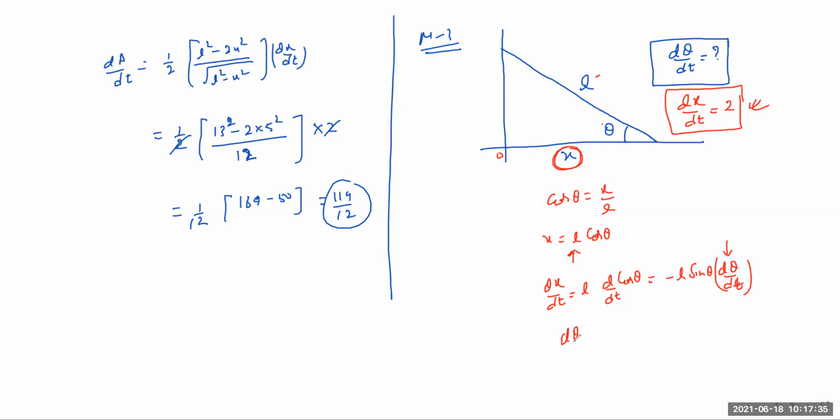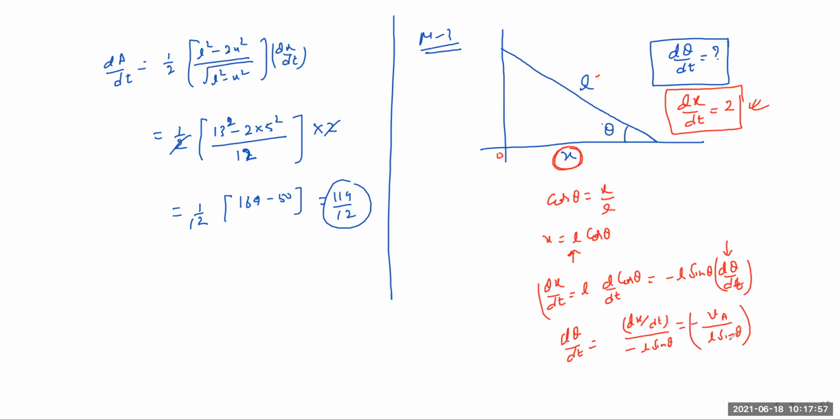So my question was, what is d theta by dt, and you got the answer how much? dx by dt upon minus L sine theta, right? So I may write it as dx by dt over minus L sine theta. So I got the answer.